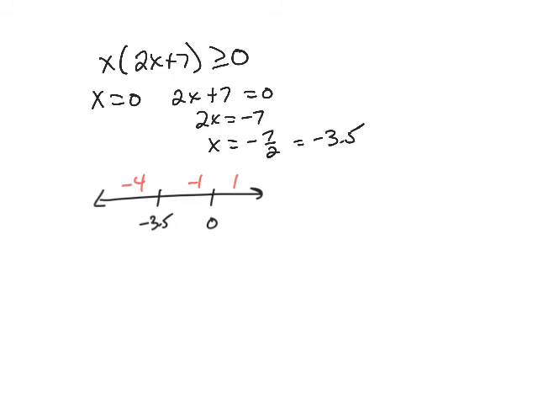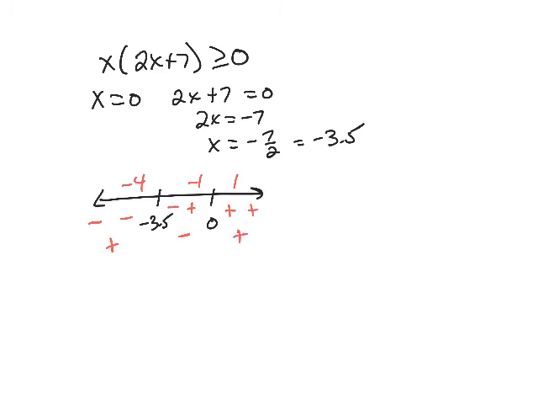Okay, so for -4, the first factor is going to be negative. -4 times 2 is -8 plus 7, that's a negative, so the overall answer is positive. For -1, the first factor is negative. The second one is -2 plus 7, that's positive, so the overall product is negative. For the next one, 1 is positive, and 2x plus 7 is positive, so that's positive.